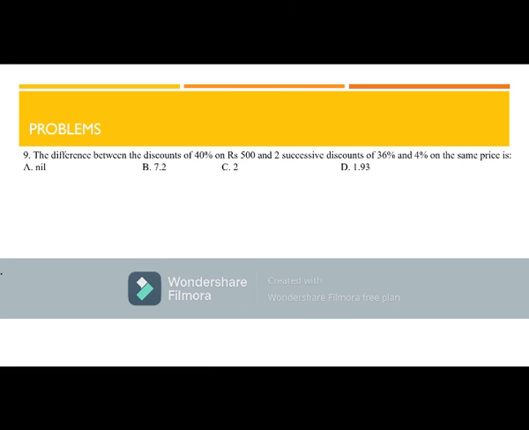We go to the next one, question number 9. The difference between the discounts 40% on rupees 500 and two successive discounts of 36% and 4%. So first of all, this 36 and 4% discount, we can write it as minus 36 minus 4 plus 36 into 4 by 100.